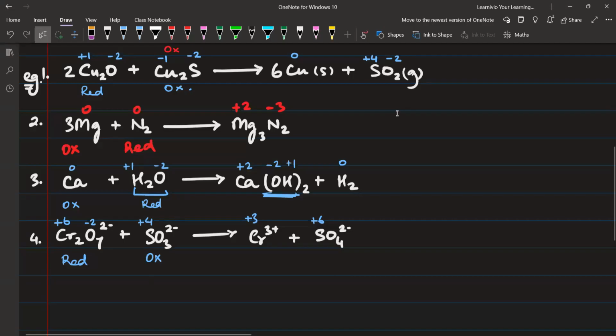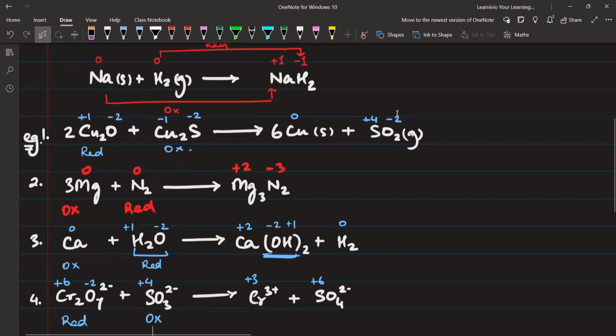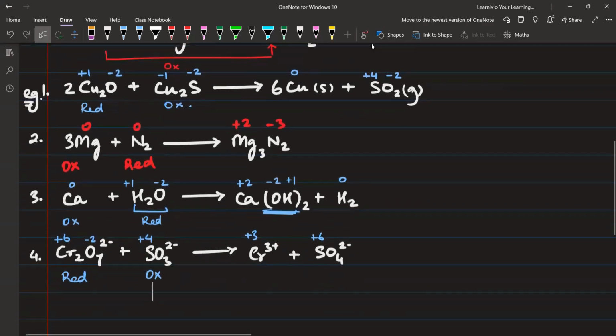Can I move on? Yeah, tell me. Sir, in the third one, Ca(OH) twice. Mm-hmm. So we have to multiply OH by 2. Where do I need to multiply OH by 2? I don't understand that. Sir, in the third one, Ca plus H2O gives Ca(OH) twice.